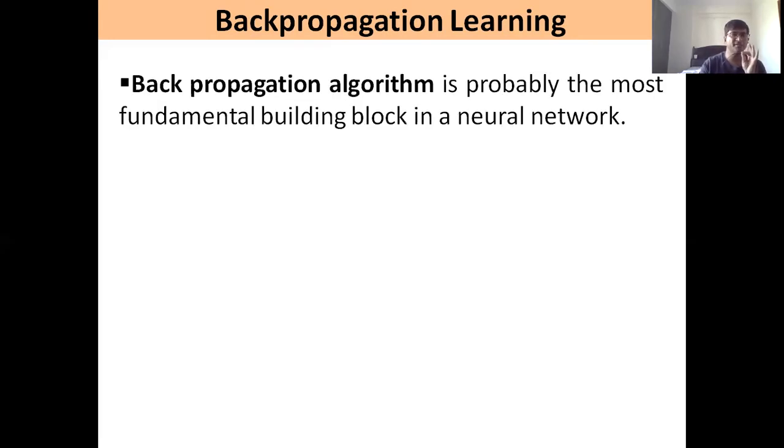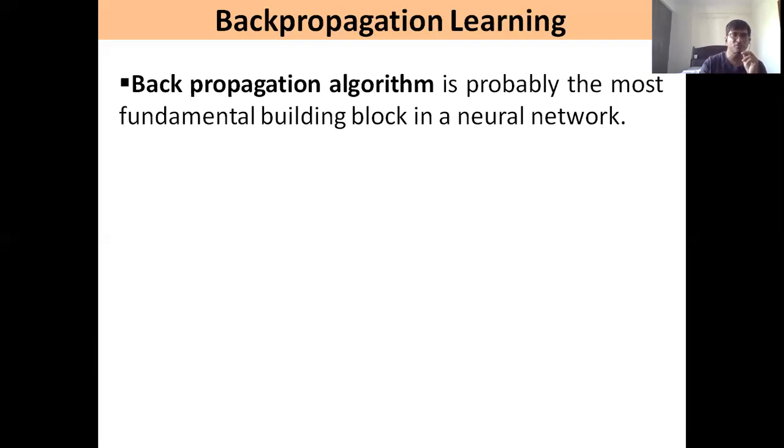So this backpropagation algorithm is in fact one of the most fundamental and basic neural networks, and it is also a fundamental block if we want to learn about deep neural networks.